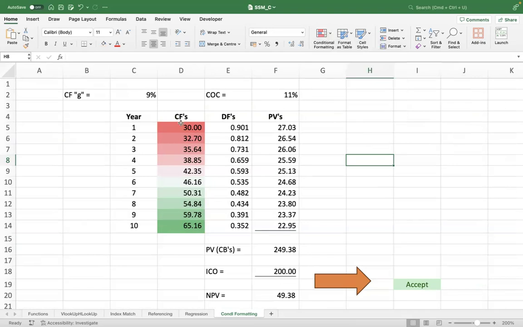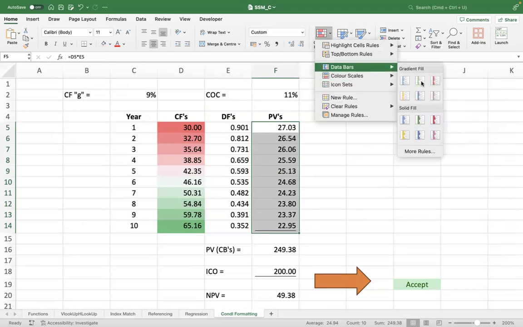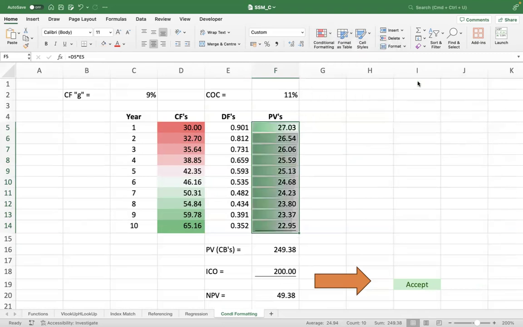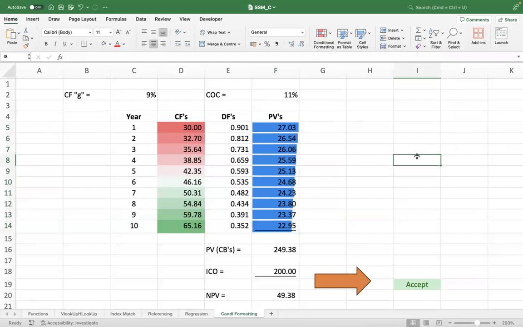You can also insert data bars here. For example, if I use data bars, look at this data bars here, everybody. So the highest present value has got the biggest data bar.